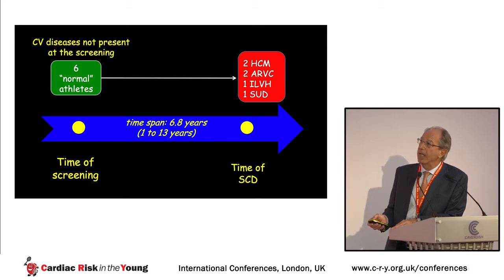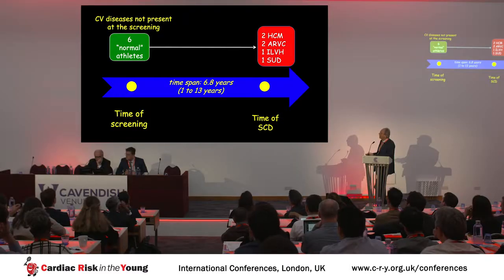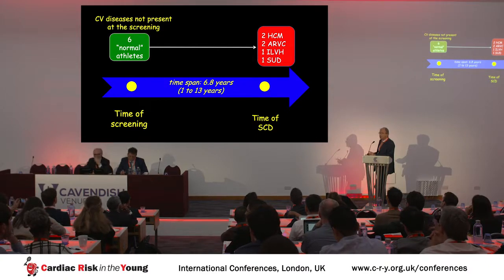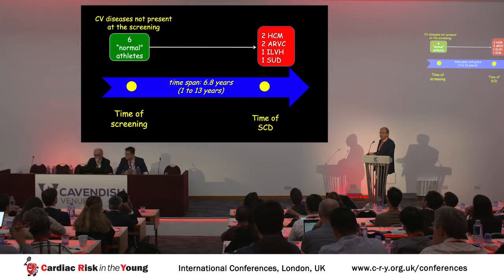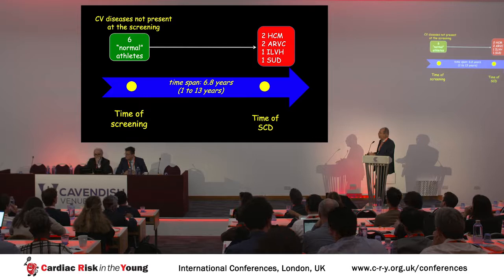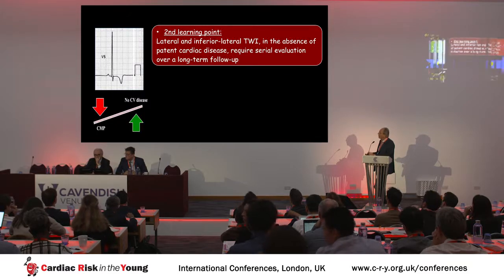Because there was a time span of on average more than 6 years between the time of the screening and the time of the events, which suggests the main message of this paper: screening once in adolescence is not enough. It's not enough because cardiomyopathies, particularly hypertrophic cardiomyopathy, usually develop over adolescence or in young adult age. And so we need serial evaluation.